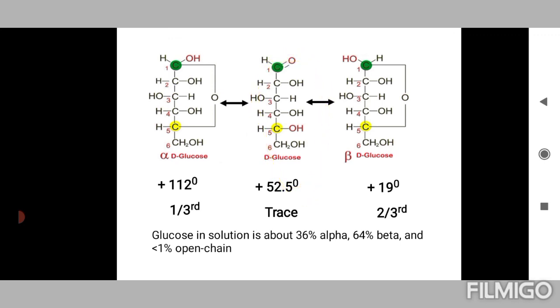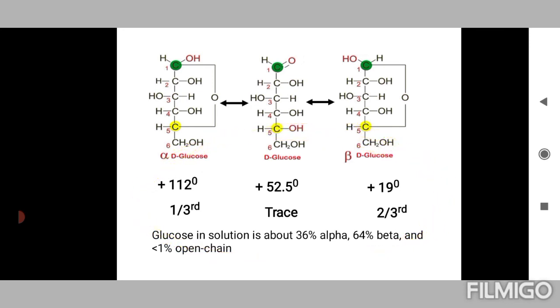The alpha D glucose is shown here, beta D glucose is shown here. The rotation occurs around the anomeric carbon, and a freshly prepared solution of exclusive alpha D glucose over time changes to beta D glucose also, and vice versa, till an equilibrium like this is reached.